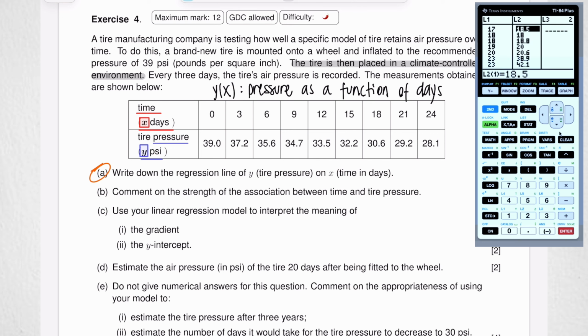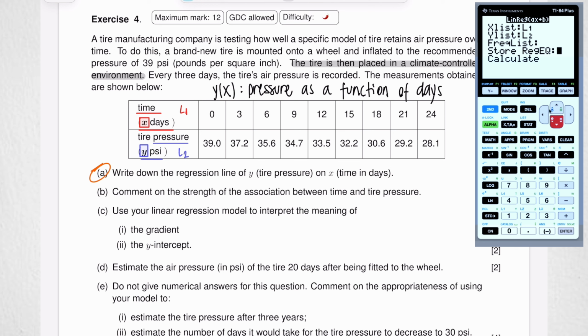So we're going to edit our table, and I'm going to use L1, which is the first column, to input the number of days. There you go. And then L2 to input the tire pressure. You should do a linear regression where the X list is L1. In this case, right now I'm using a TI-84.